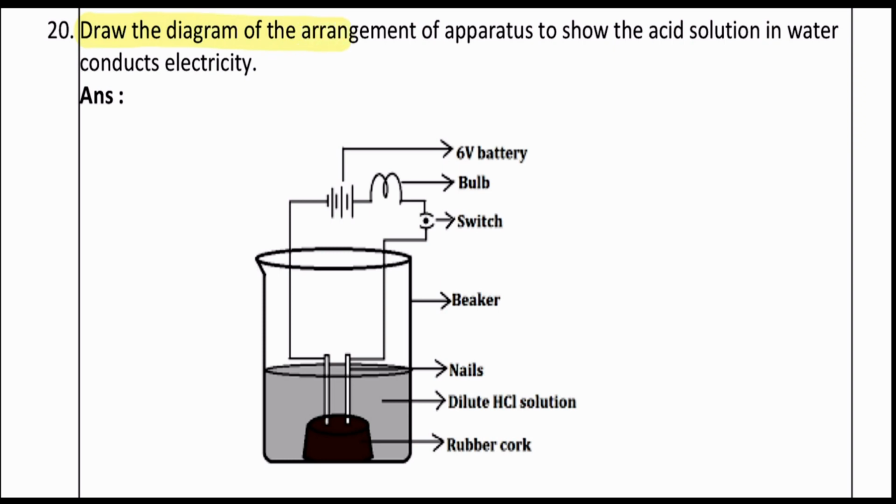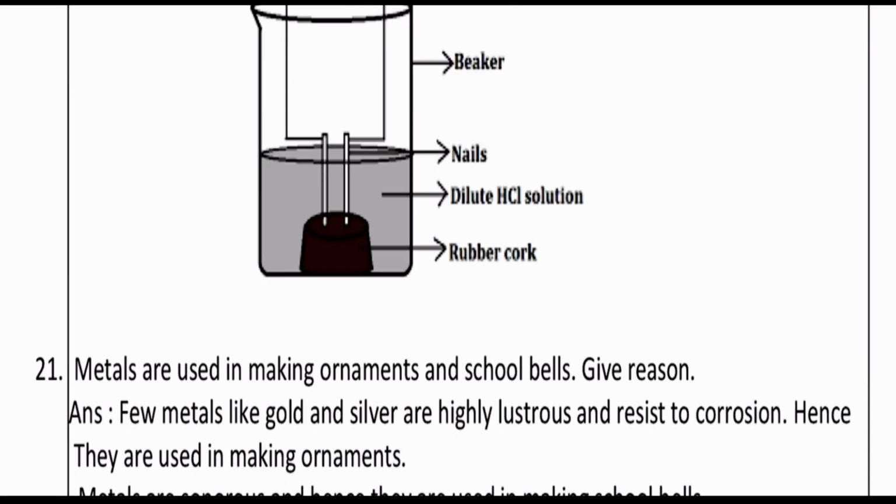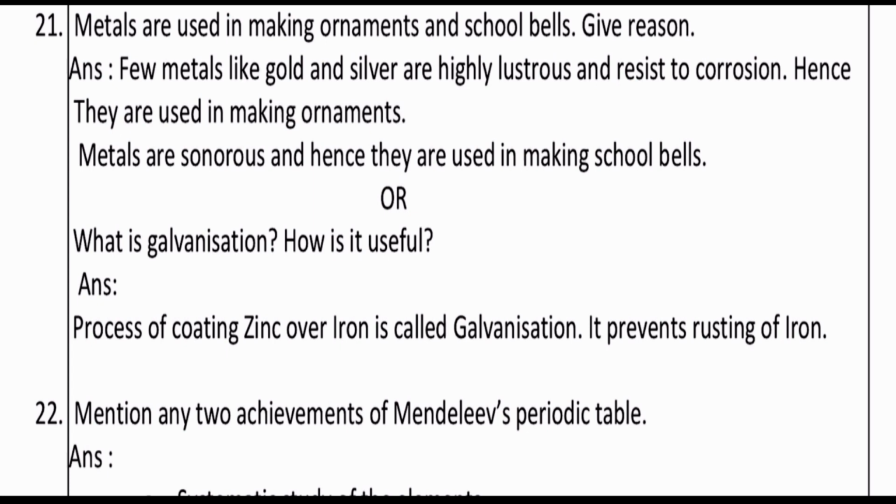Draw the diagram of the arrangement of apparatus to show that an acid solution in water conducts electricity. Next question. Metals are used in making ornaments and school bells. Give reason.